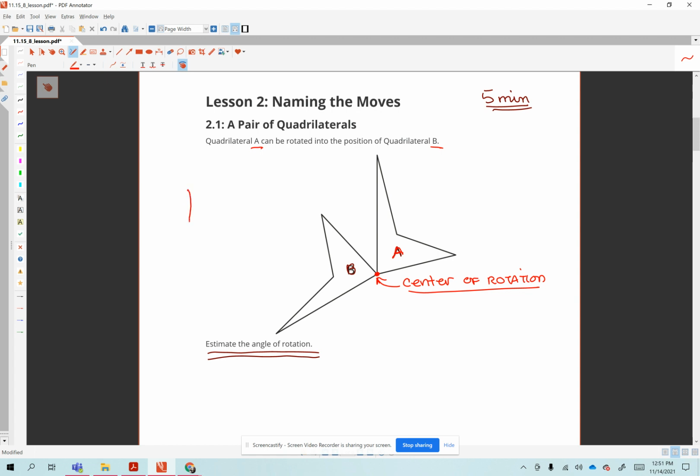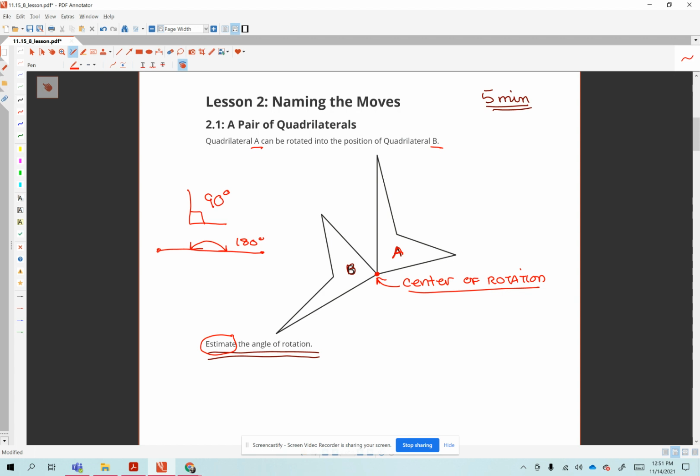We know that this is a 90-degree angle. We also know that a straight edge is a 180-degree angle. So we can estimate based on what we already know.